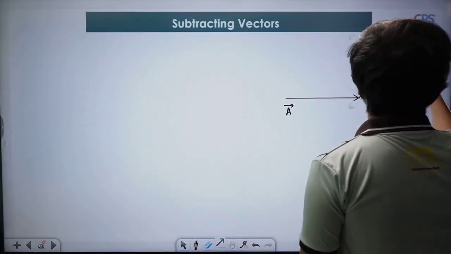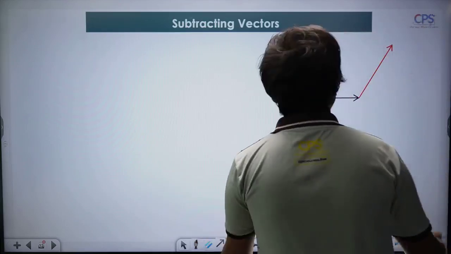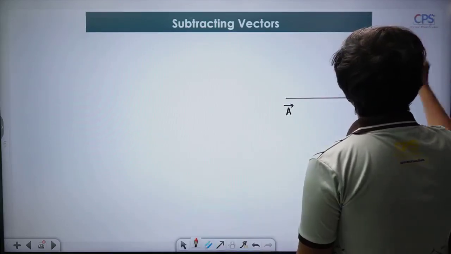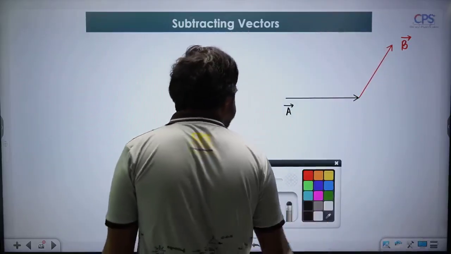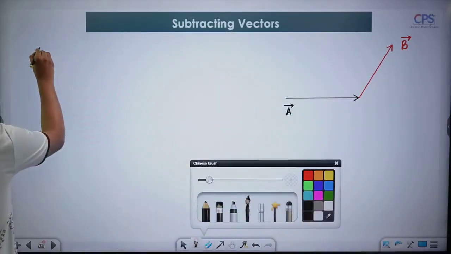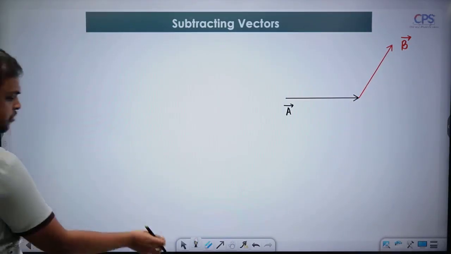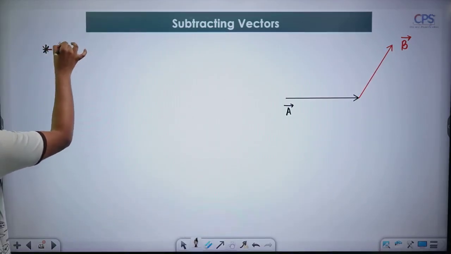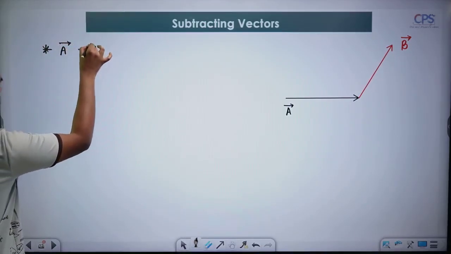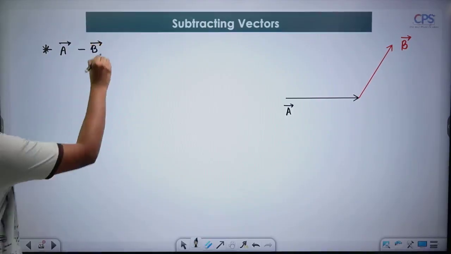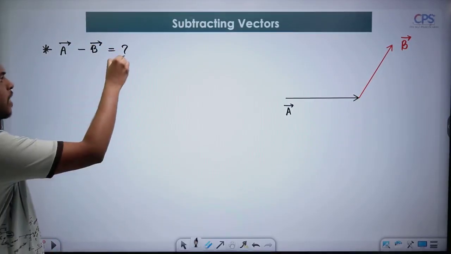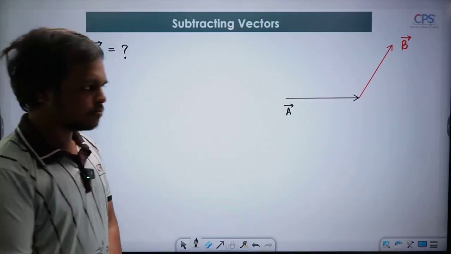Let's assume this is b vector, okay? The question is, we need to carry out a vector minus b vector, equal to what? We need to subtract one vector from another.